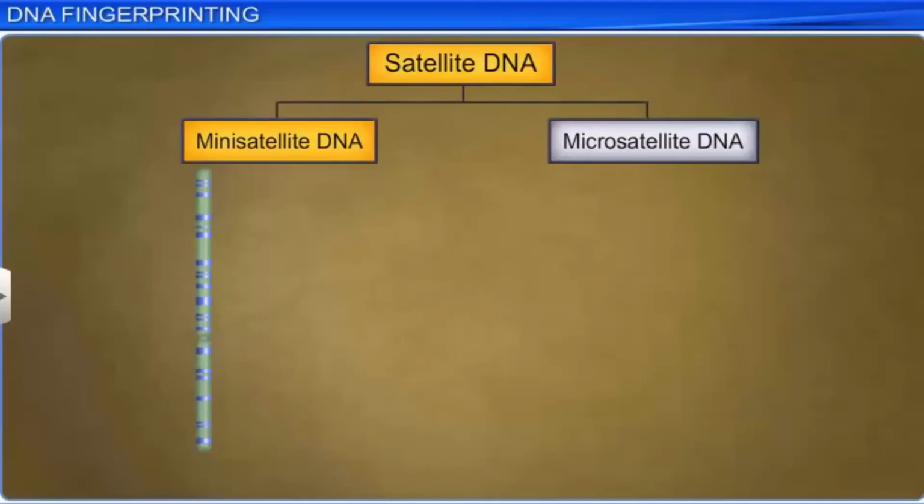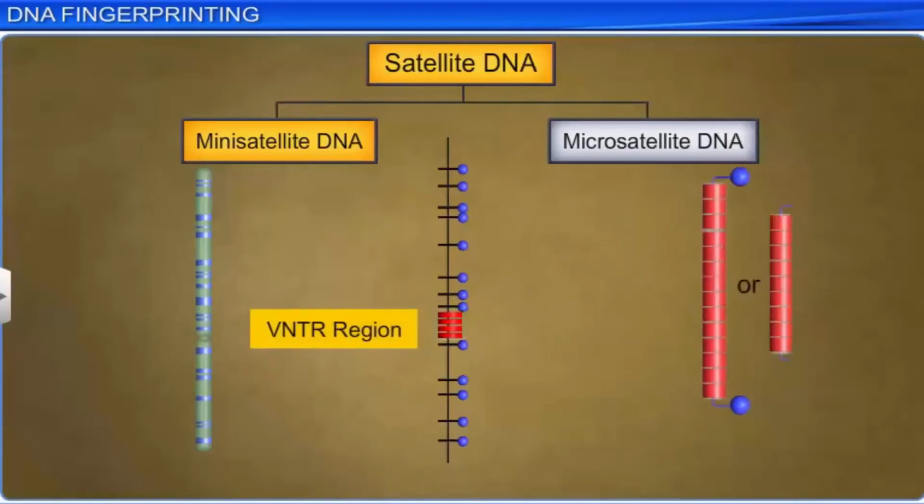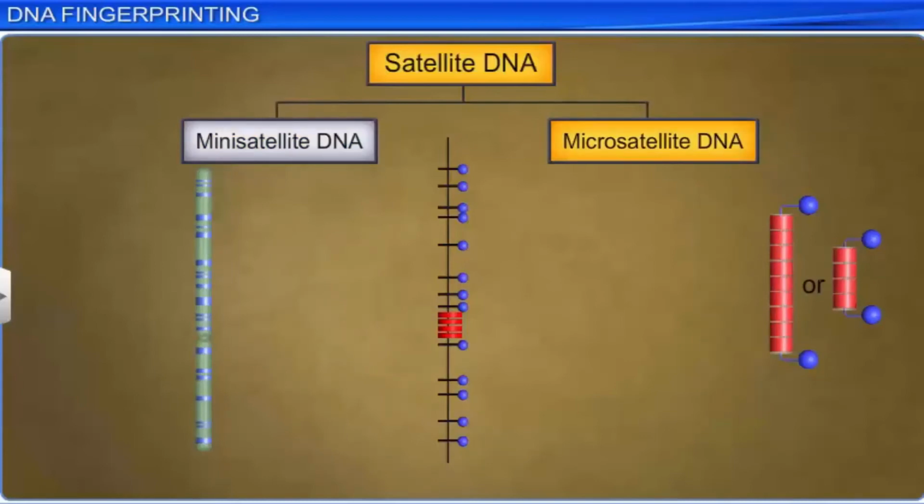Mini-satellite is a section of DNA which has a variable number of tandem repeats, or VNTR. It has sequences of 15 to 100 base pairs repeated hundreds or thousands of times. On the other hand, microsatellite is a section of DNA which has tandem repeats of shorter sequences of 2 to 10 base pairs.